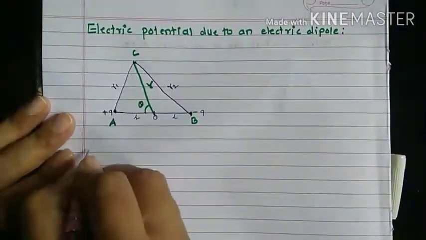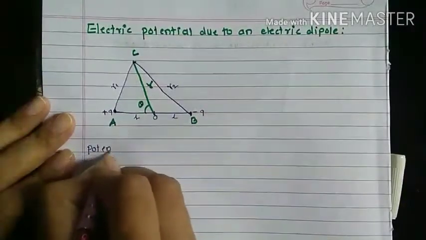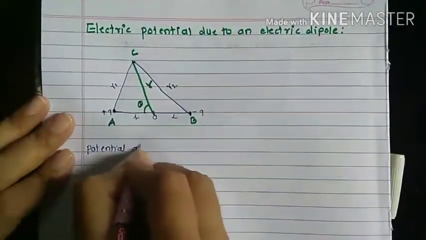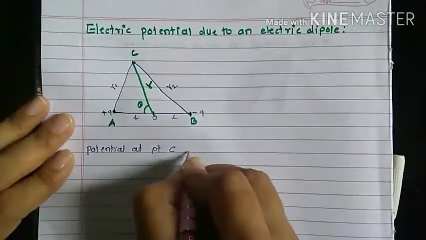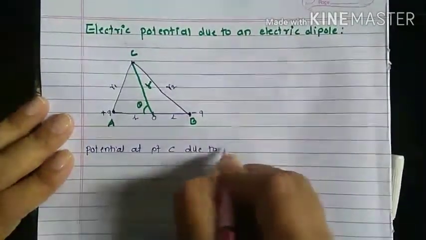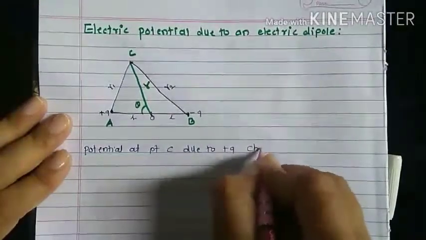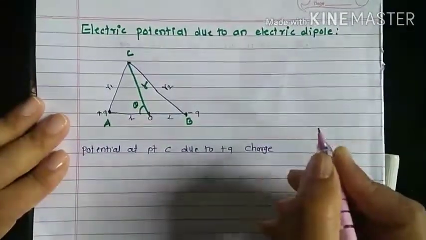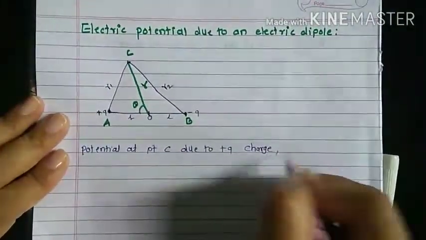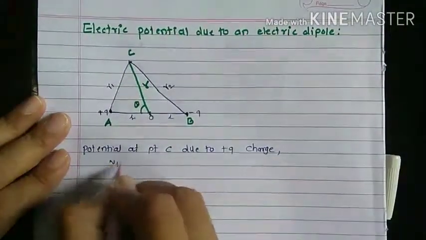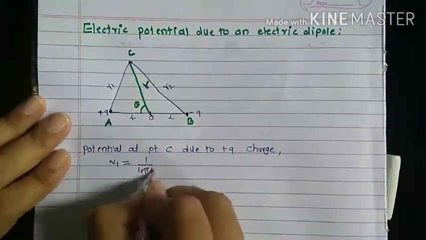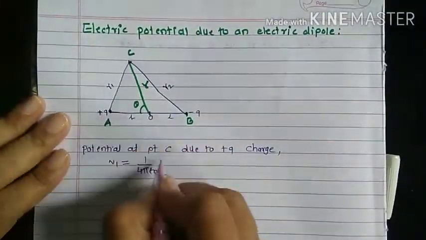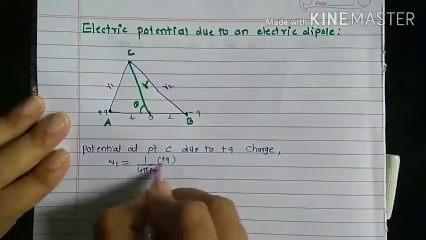Therefore, the potential at point C due to plus Q charge can be written as V1 is equal to 1 upon 4 pi epsilon naught times plus Q charge upon distance.